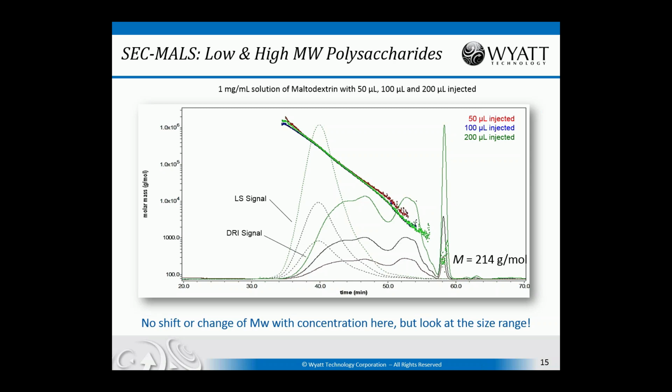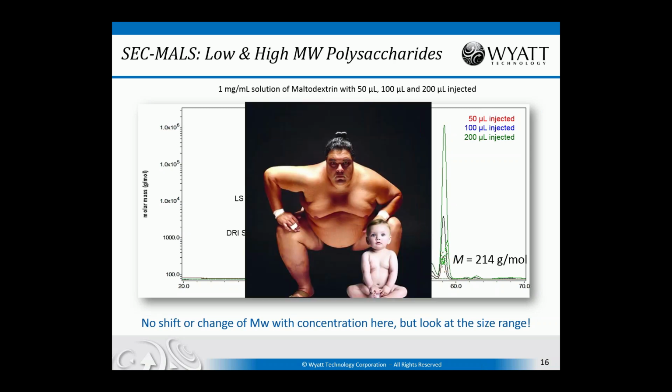And if we have enough injected mass, we can actually see the monomer and identify it. So light scattering gives us all masses, large and small, and is applicable to quite a few different samples, even those which do not have relevant standards on which you can do the calibration.